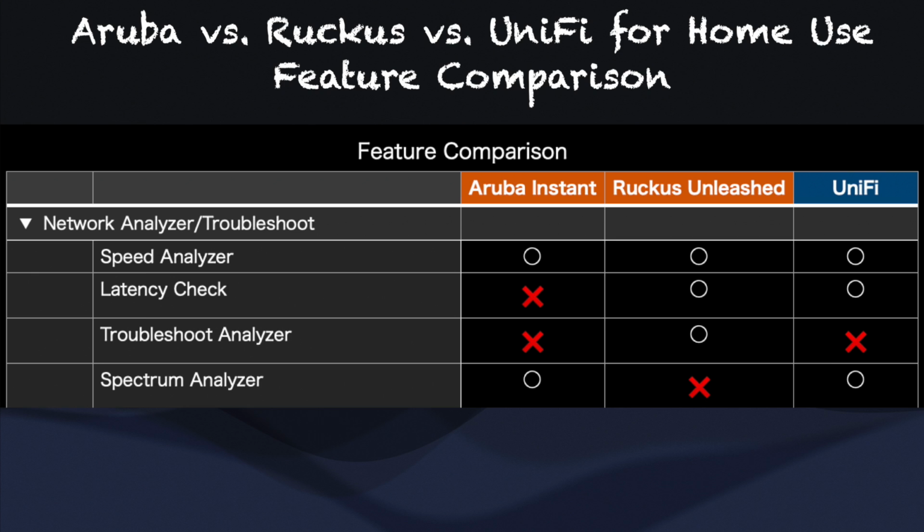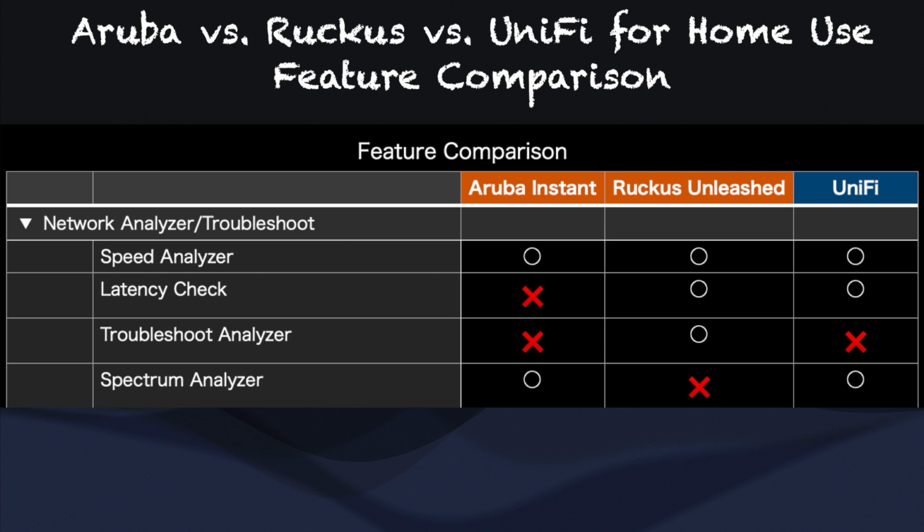Although neither Aruba Instant nor Ruckus Unleashed has any easy way to see other channel congestion status, we know they are actively checking in order to be able to perform automatic radio resource management.